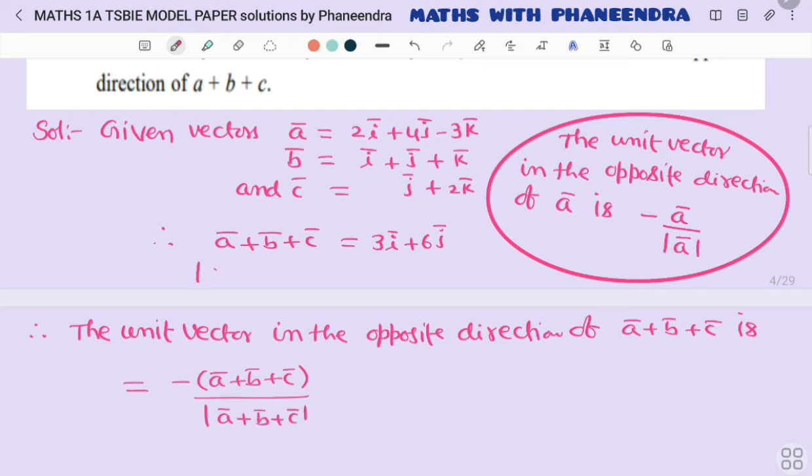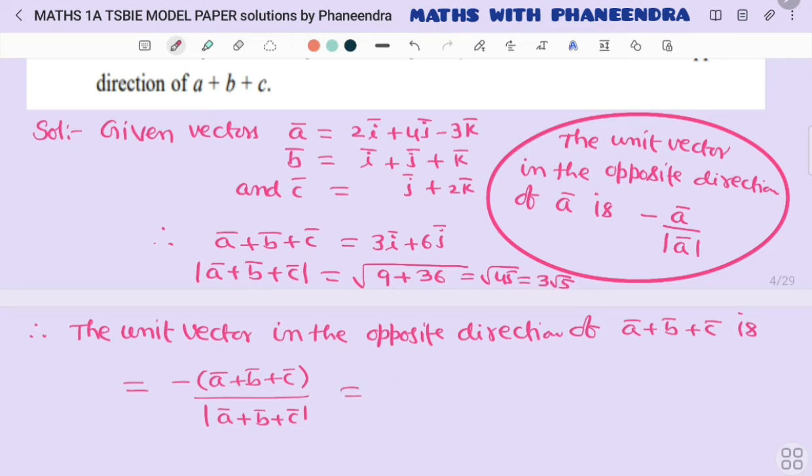So we need to calculate the magnitude of this vector. Magnitude means mod, square root of i bar coefficient whole square, 3 square, 9, j bar coefficient whole square, 6 square, 36. So root 45. Root 45 can be written as 9 into 5. 9 you can take outside, 3 root 5.